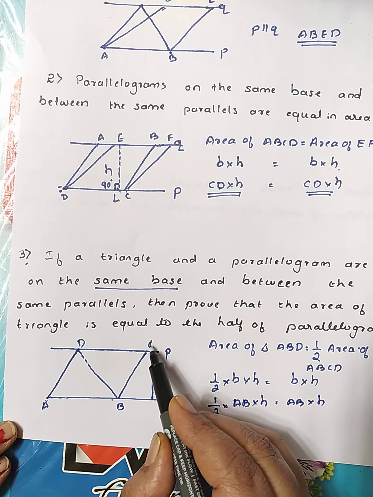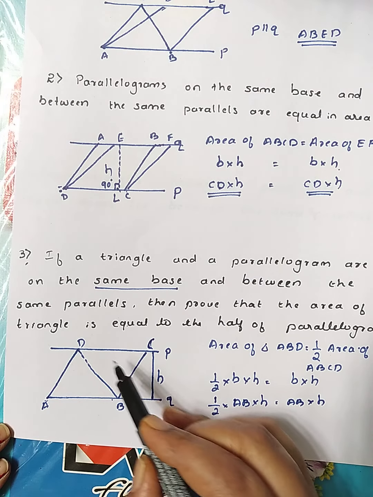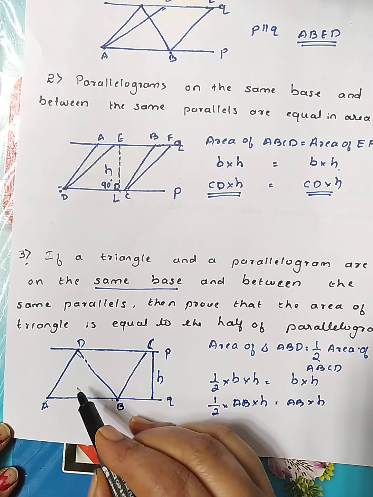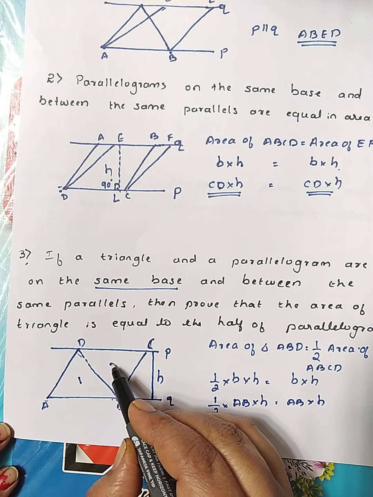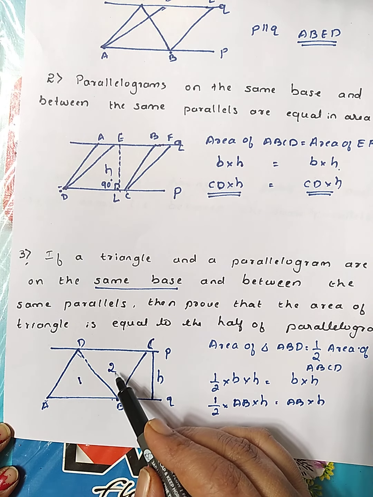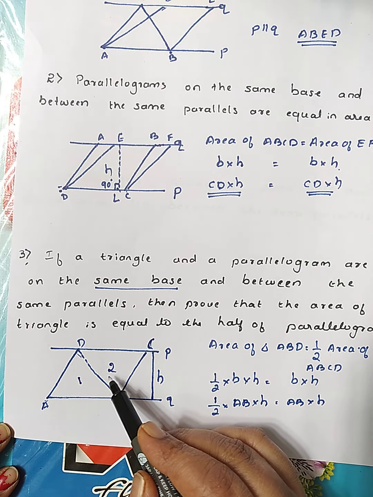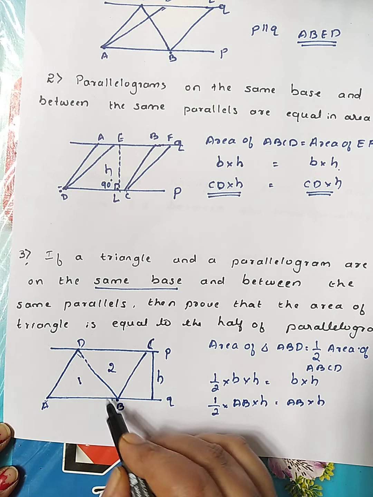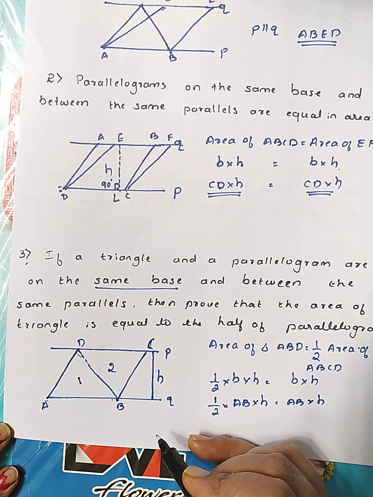consider the parallelogram ABCD here. Now when we draw a diagonal, this parallelogram is made up of two triangles, the first triangle and the second triangle. If we prove that these two triangles are congruent, that means the area of ABD is equal to the area of BCD.